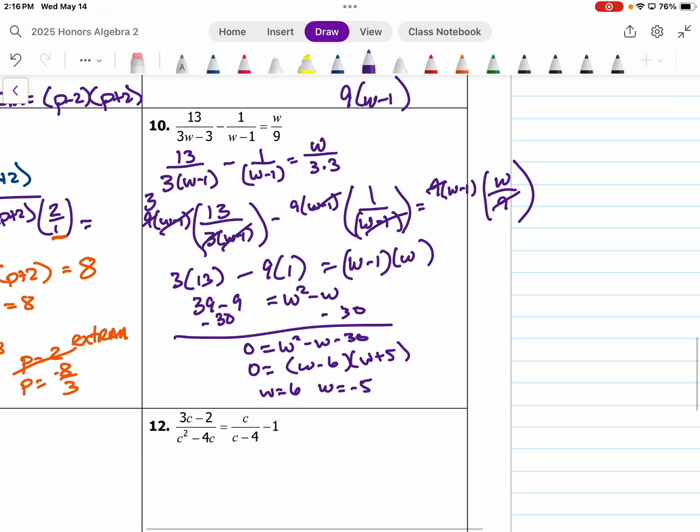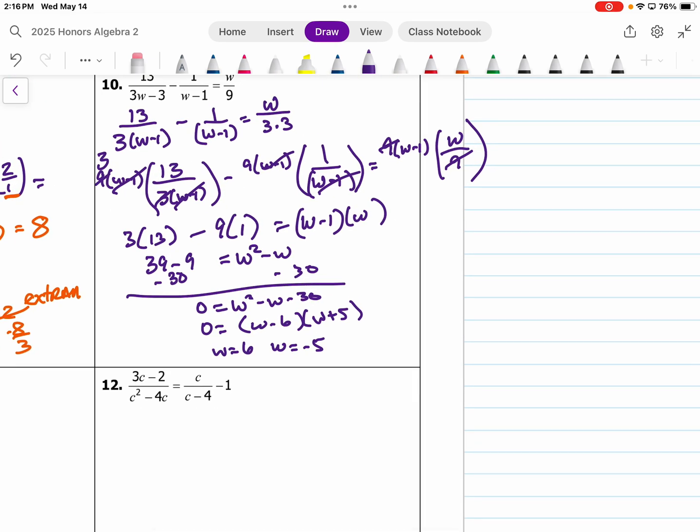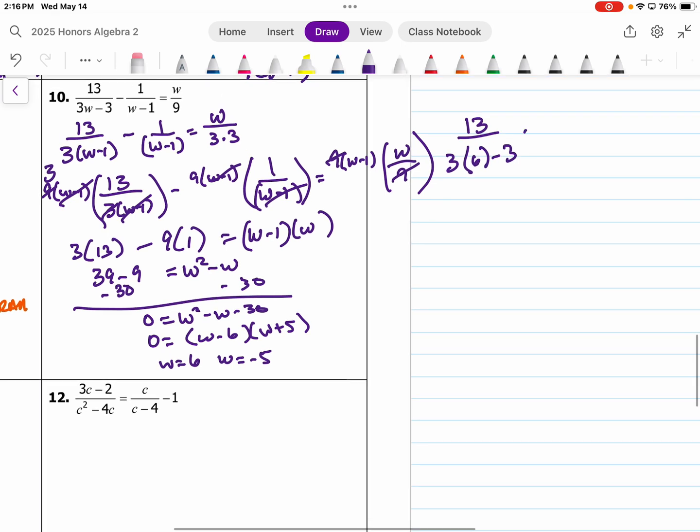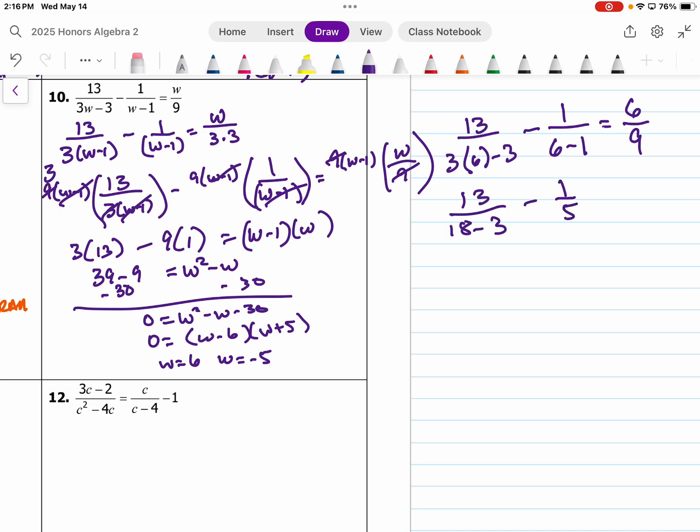Then I'm supposed to check. Now, I notice right off the bat, neither of them make 0 in the bottom, so we didn't get off lucky like we did on the previous problem with the 2. So is 13 over 3 times 6 minus 3, minus 1 over 6 minus 1, equal to 6 over 9? So is 13 over 18 minus 3, minus 1/5, equal to 6/9?